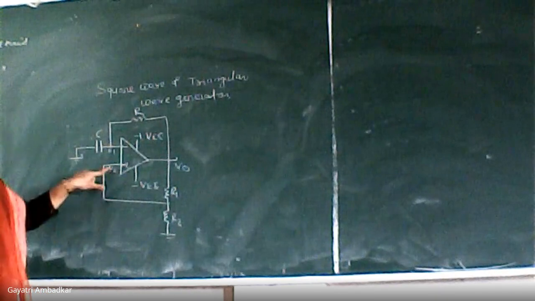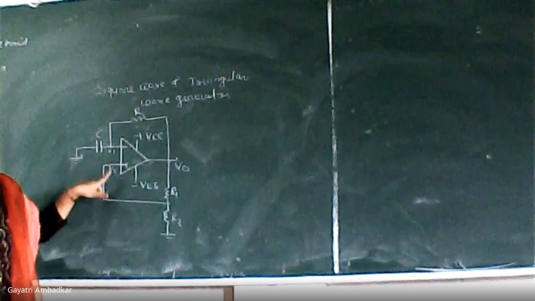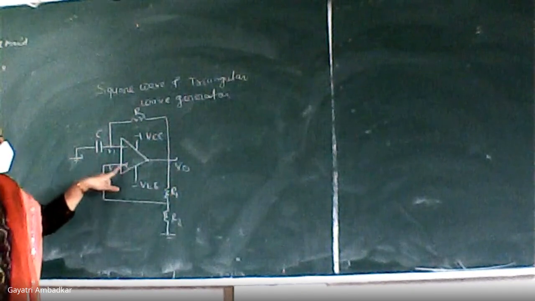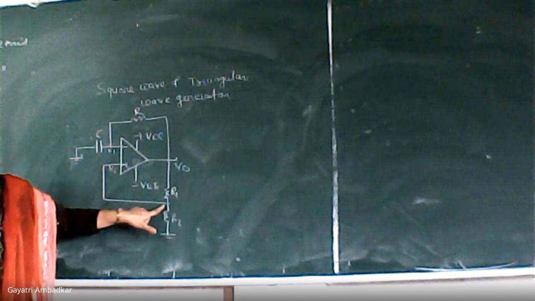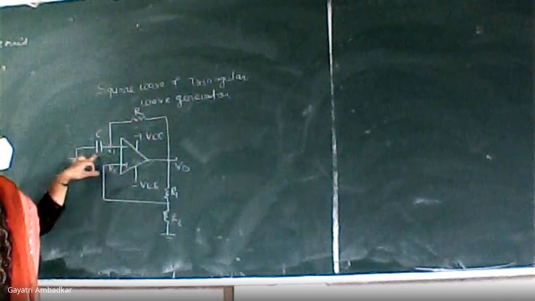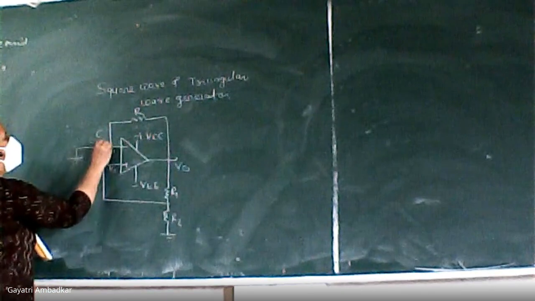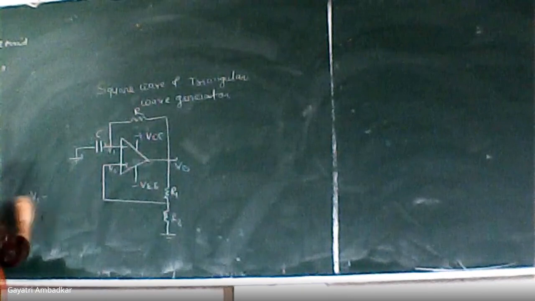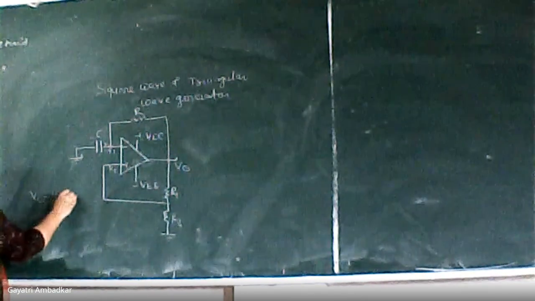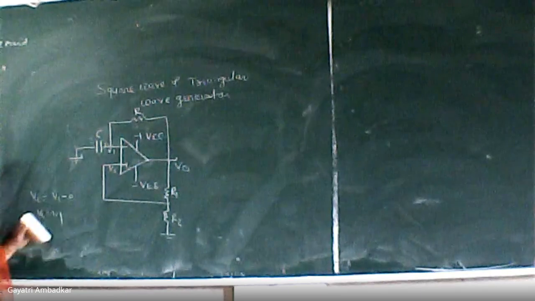Is it clear? V2 and V1 are the different voltages at terminal 1 and 2. This V2 is nothing but this voltage which is fixed. And V1 is nothing but the voltage across the capacitor. See how? This is V1, this is 0. What is VC? VC is the voltage across the capacitance, that is V1 minus 0. It means VC is equal to V1.